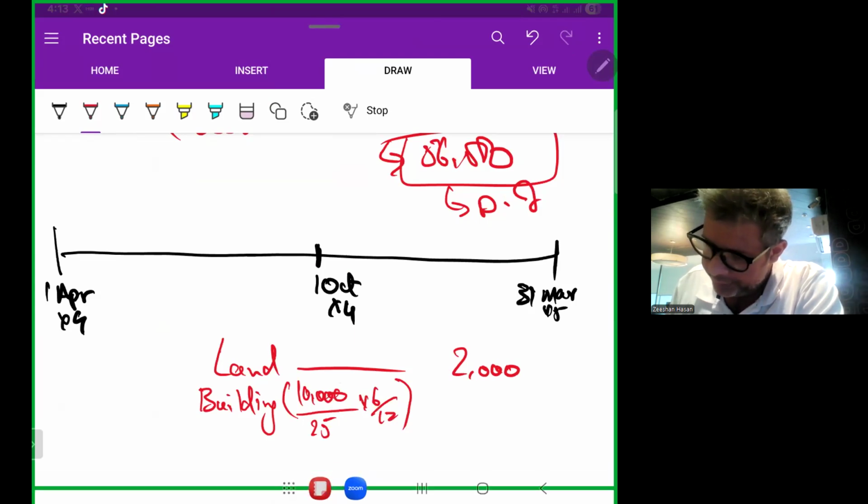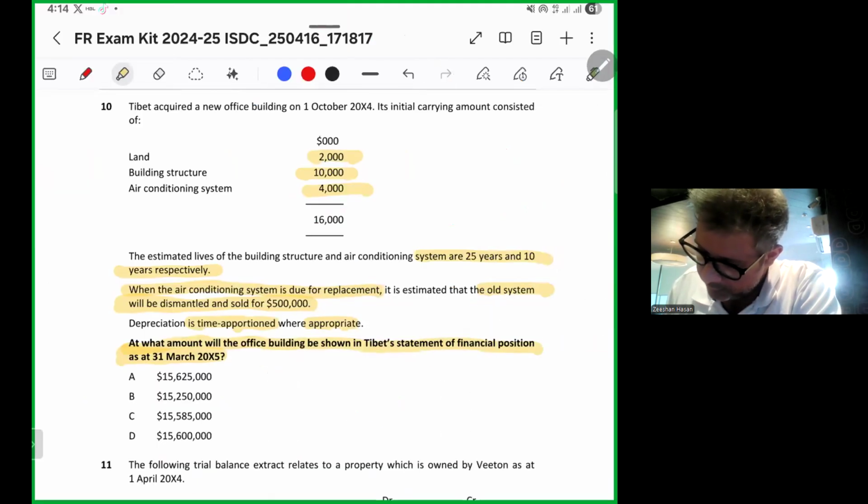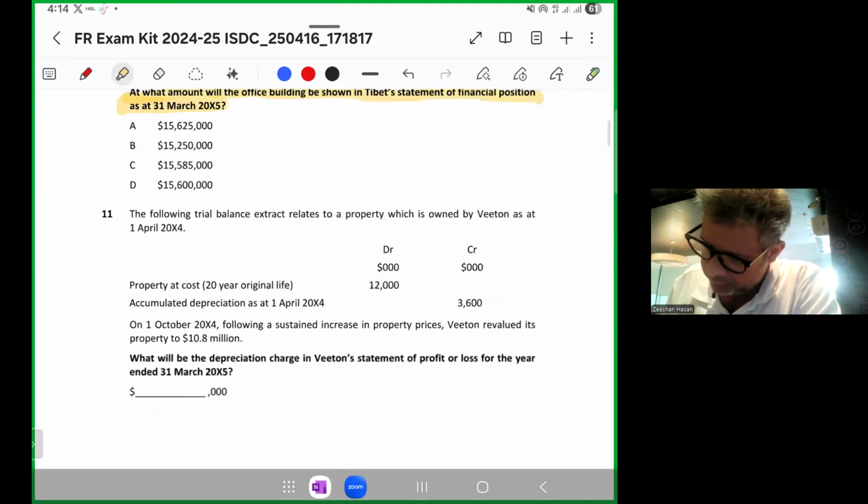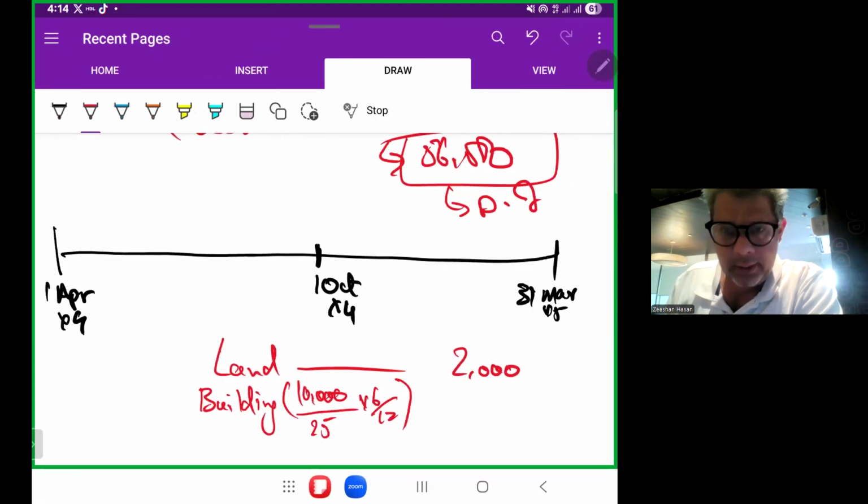Is there any scrap value? Just look once again. Yeah, no. So move on. The carrying value is 9,800.